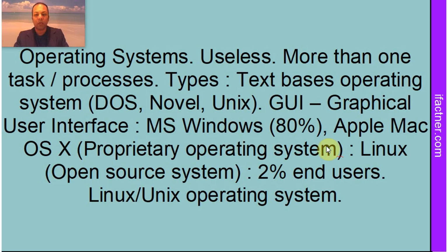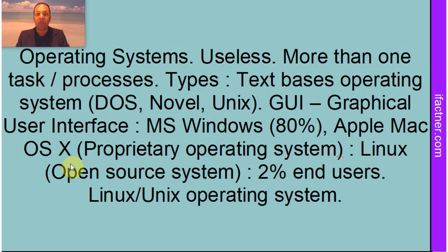Then we have got Apple Mac operating system 10, and it is used for Apple products, and about 10% of the world's computers are running on this operating system. Now, these two kinds of operating systems are proprietary operating systems.